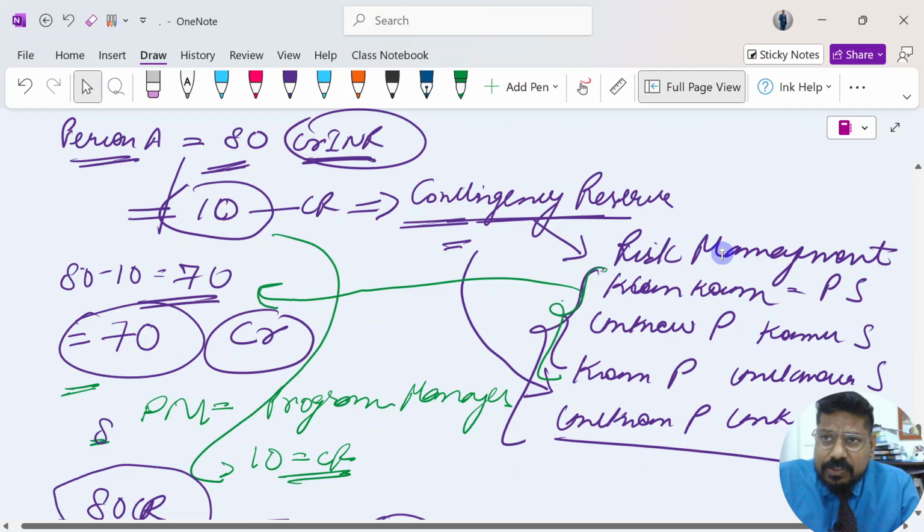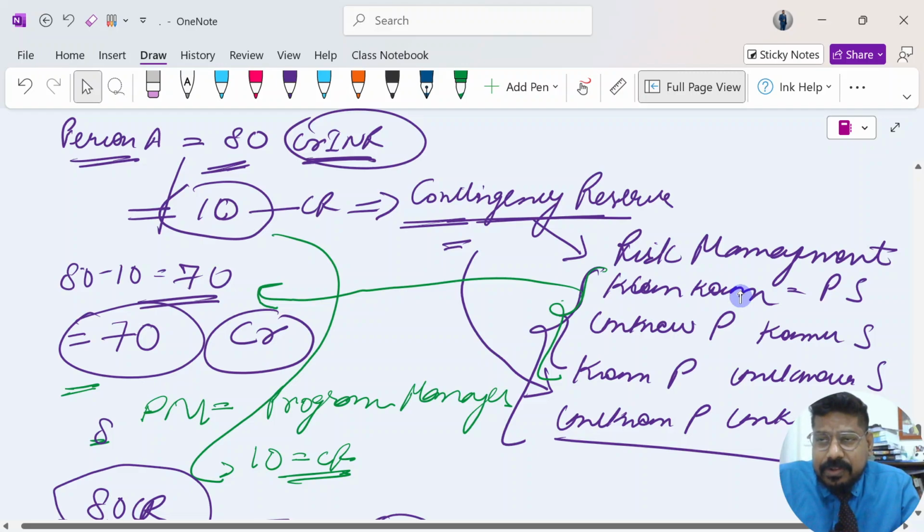Now risks are of four types: known problem, known solution; unknown problem but known solution; known problem but unknown solution; and unknown problem and unknown solution. What is known problem, known solution?